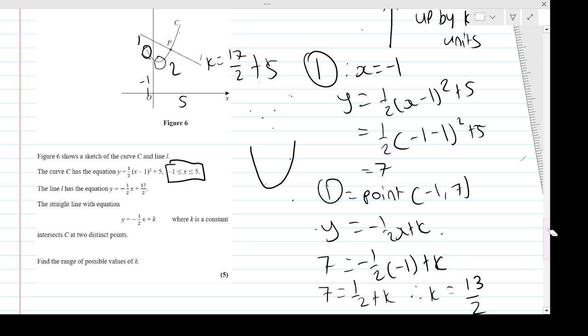Say the minimum point was here, it could be just to the right of it. We do not know that. We're not that zoomed in, so we can't tell exactly where it is. We might not know for sure it's the minimum point. So we need to find another way.